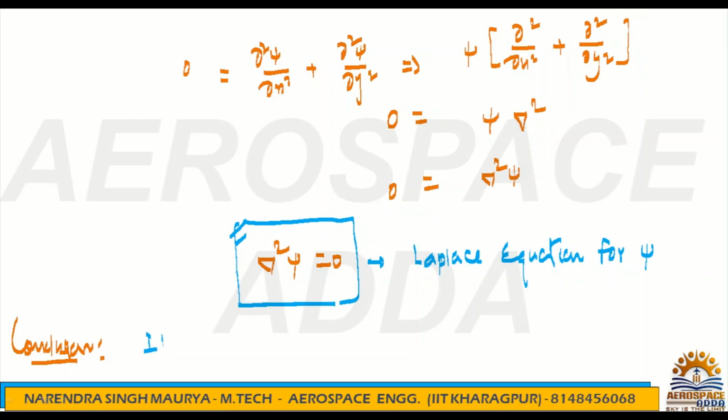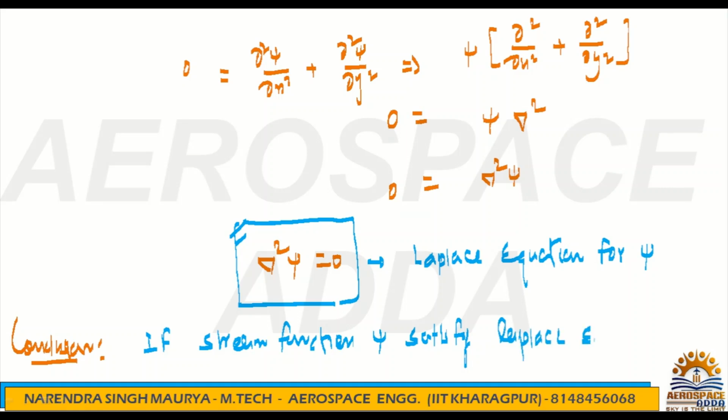If a stream function psi satisfies the Laplace equation, it is a possible case of irrotational flow.